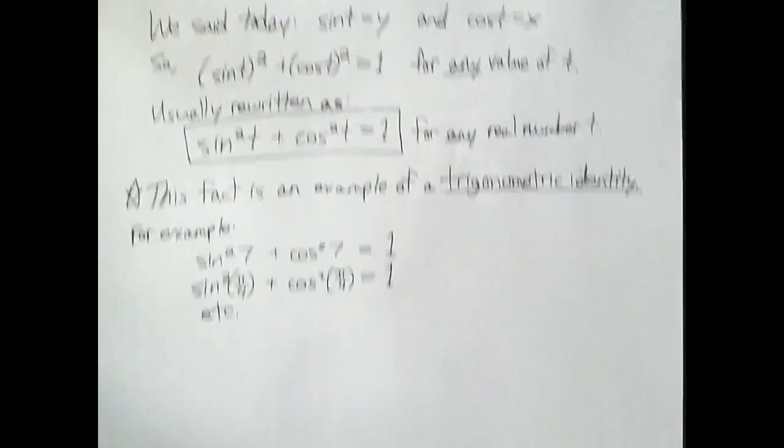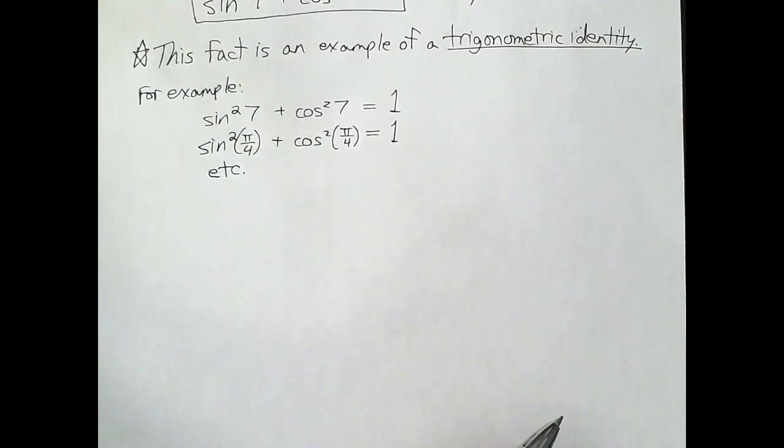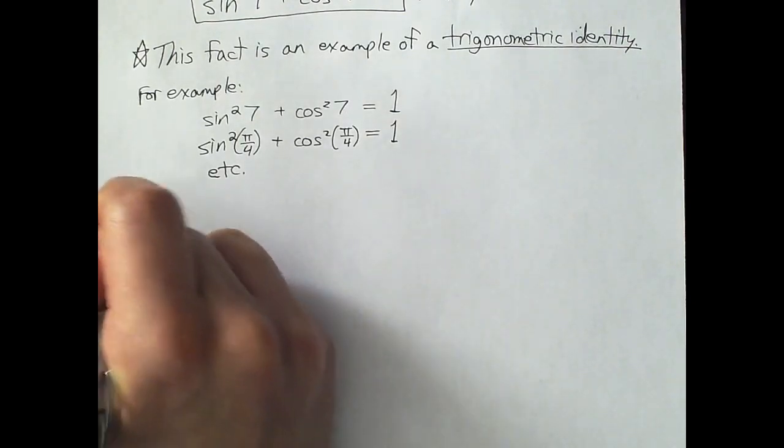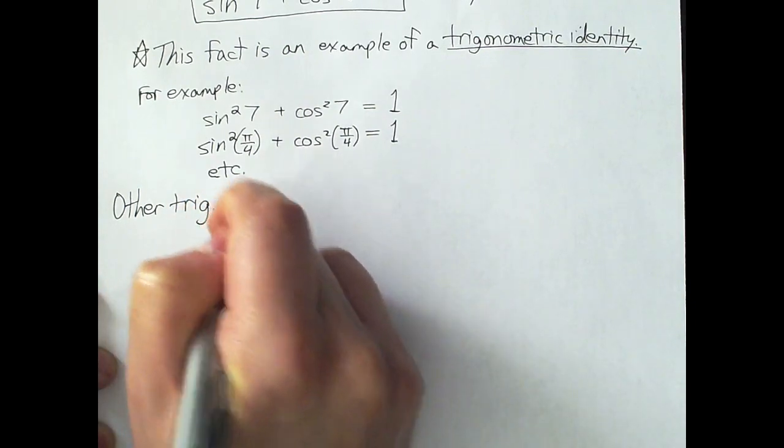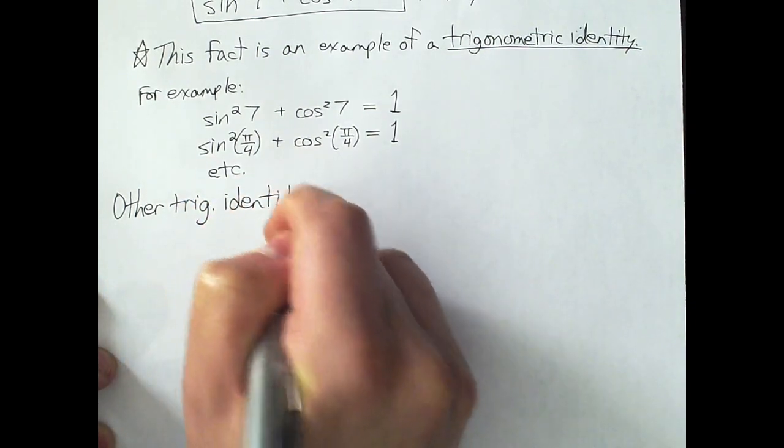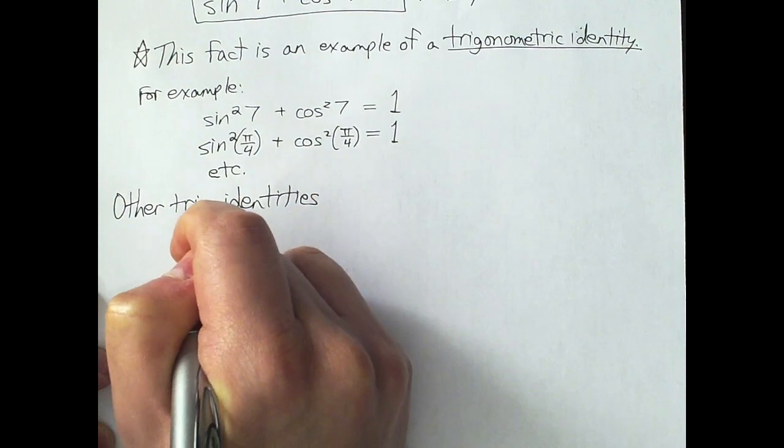Okay, a couple of other trig identities for now. Like I said, we'll talk about more later in the course, but it's good to start thinking about some of them now.